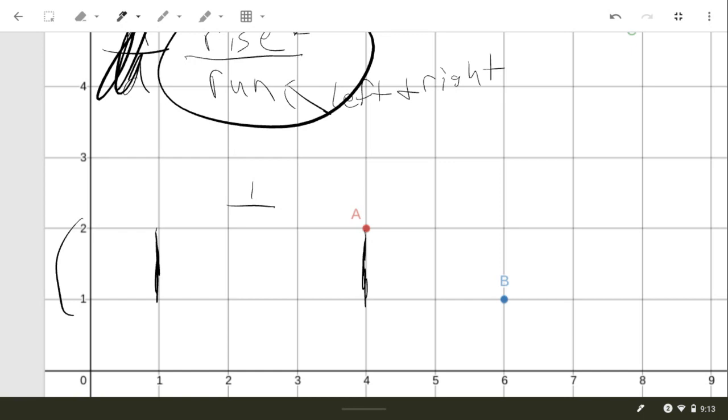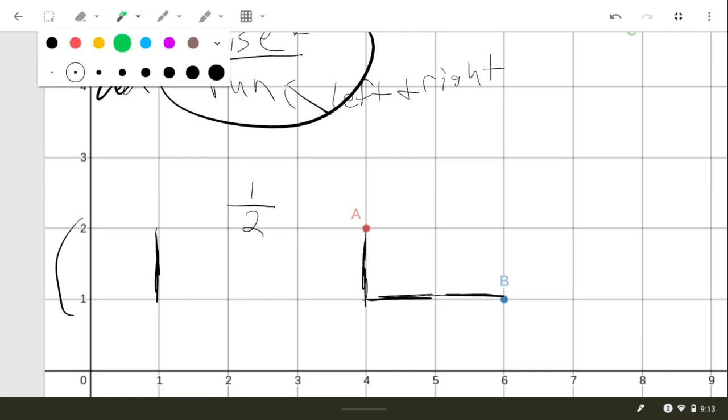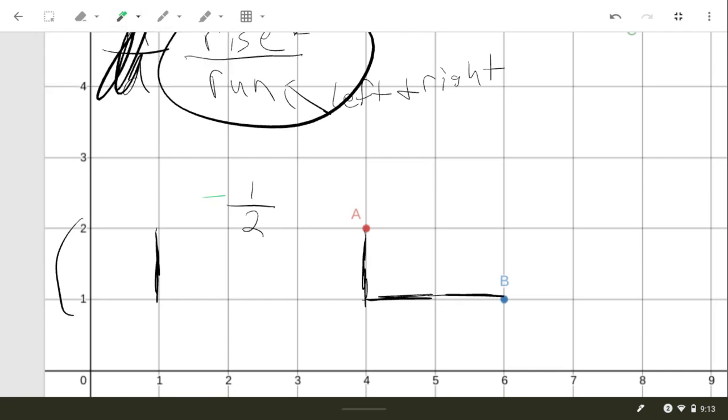And the bottom number is how many across? 1, 2. And ask yourself real quick, from A to B, is it going up or is it going down? Does it have positive or negative slope? This one has negative slope. Okay, so it'd be negative 1/2. We'll call that AB.